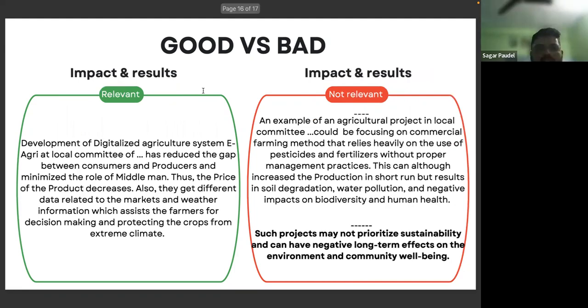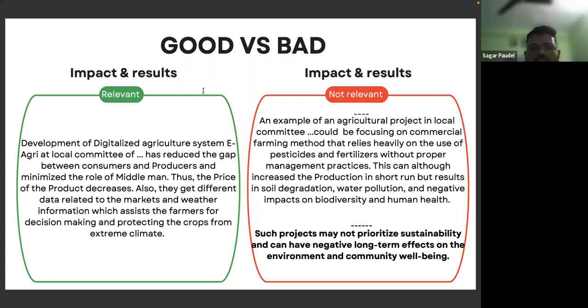And next is impact and result. In the first part, there is an example of a digitalized market which reduces the role of middlemen, and it is relevant, and it has created a very good impact among farmers as they have gained high profit from their product. And next, the badly impacting project is all about using pesticide.